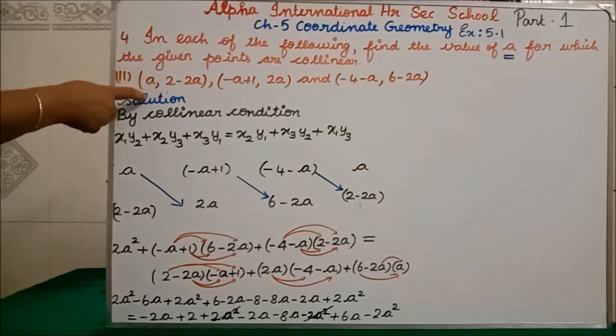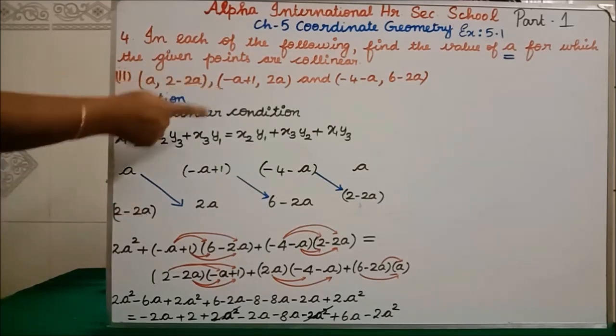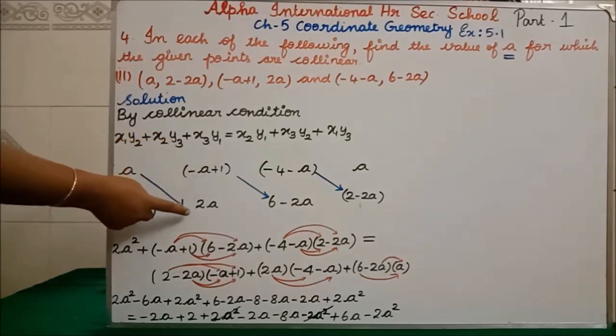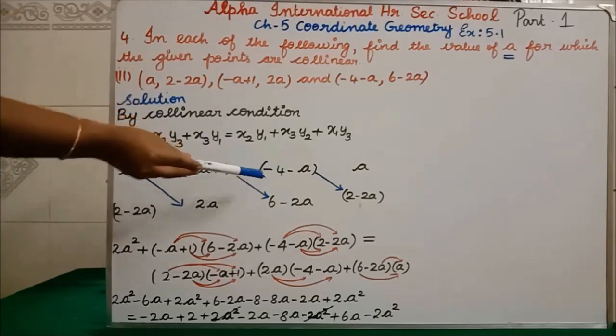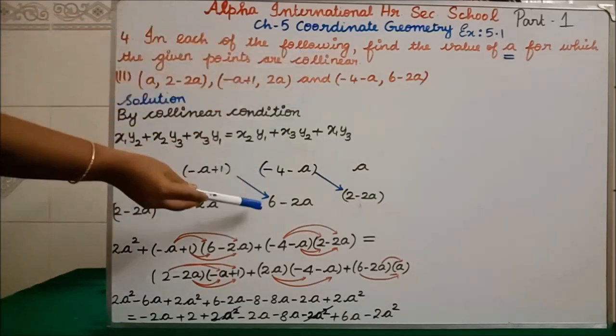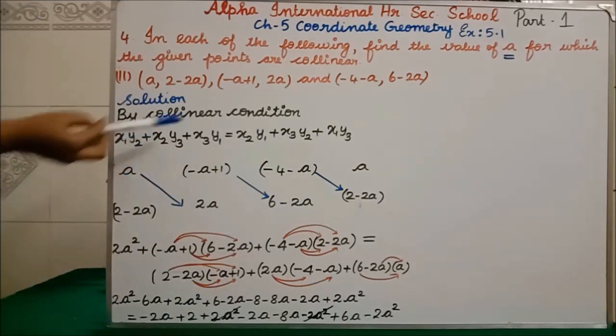Here a comma 2 minus 2a. I have written a, 2 minus 2a. The next is minus a, plus 1. Down I have written 2a. Clear? Next, minus 4, minus a, and comma 6 minus 2a. I have told you many times, what you write first, you have to write at the last.